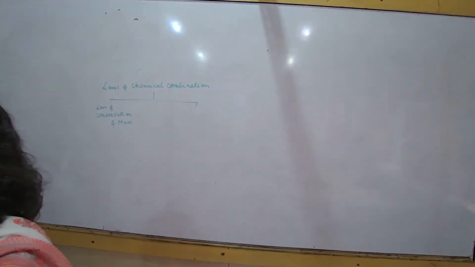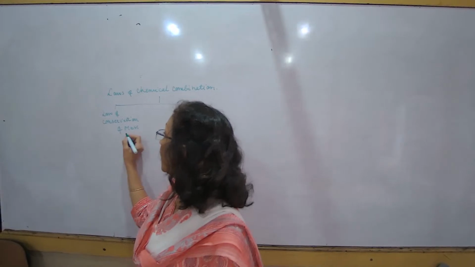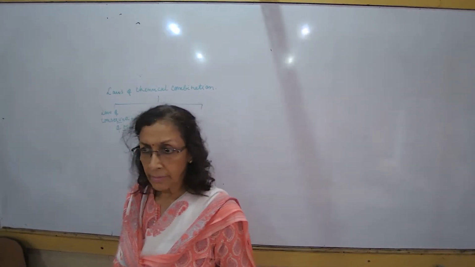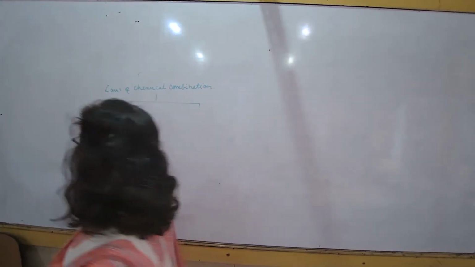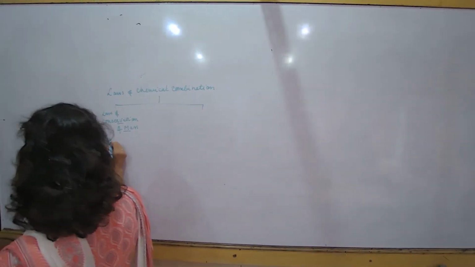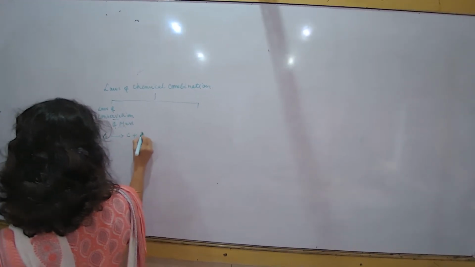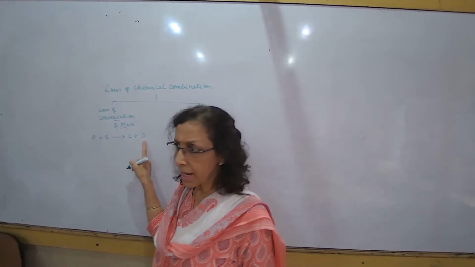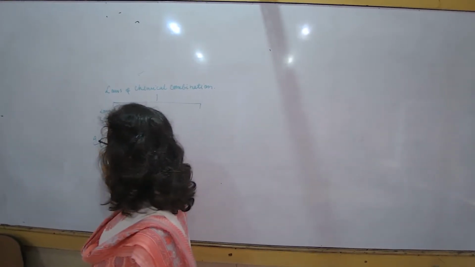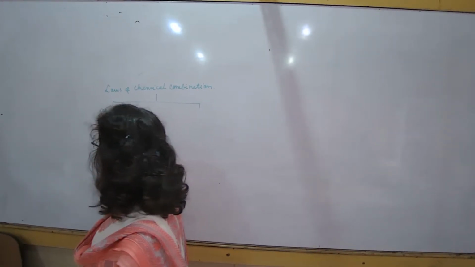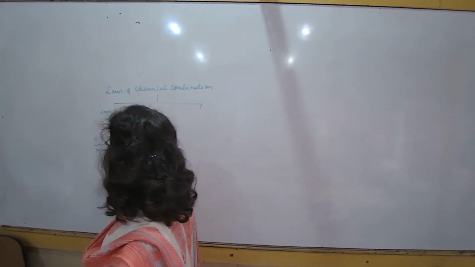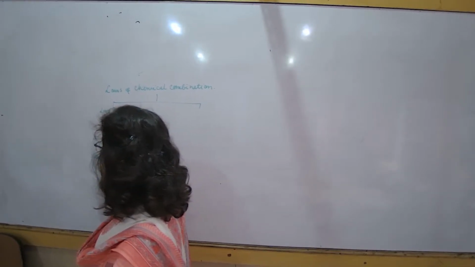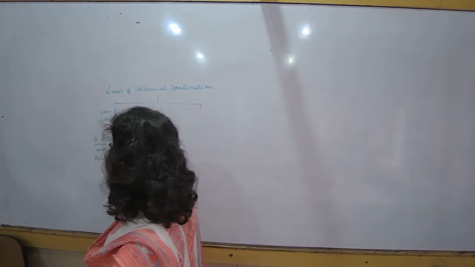What does it tell us? Conservation of mass means what? Mass is getting conserved. Let us say, for example, if A is combining with B and it forms C and D, different compounds are formed because of a chemical reaction, but the mass of the reactants is equal to the mass of the products. This is the mass of the reactant and this is the mass of the product.